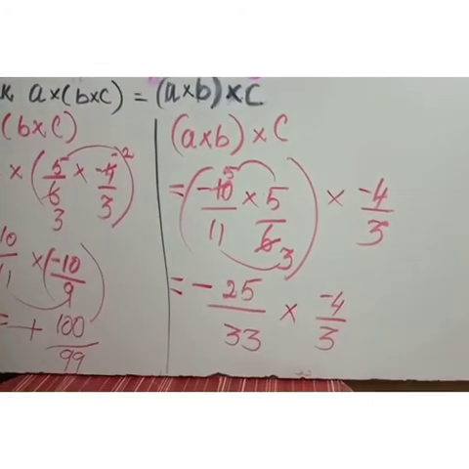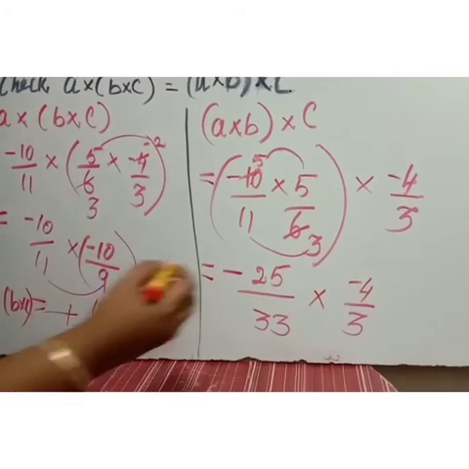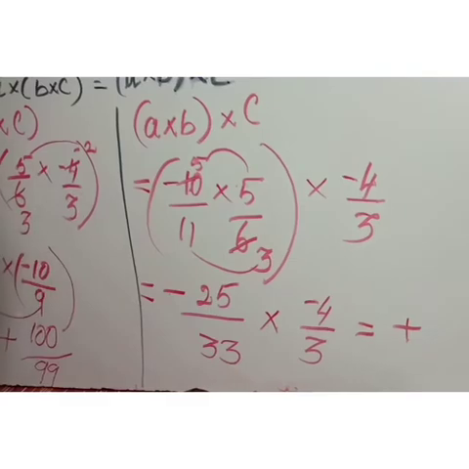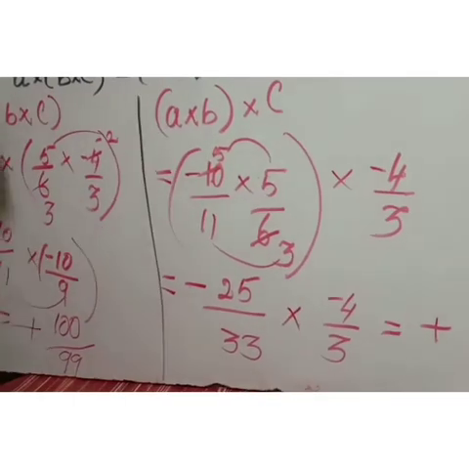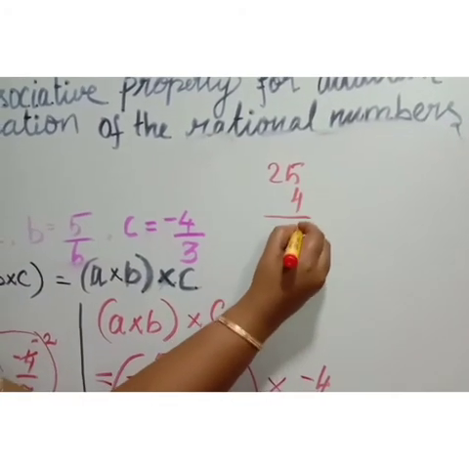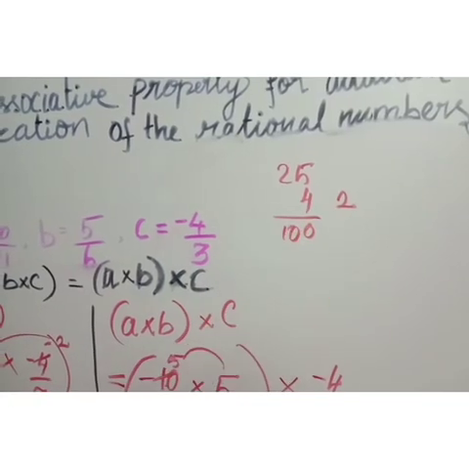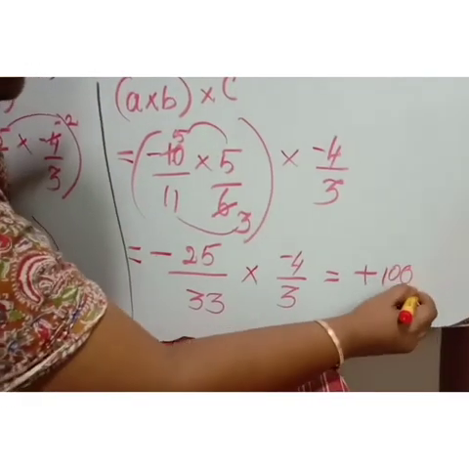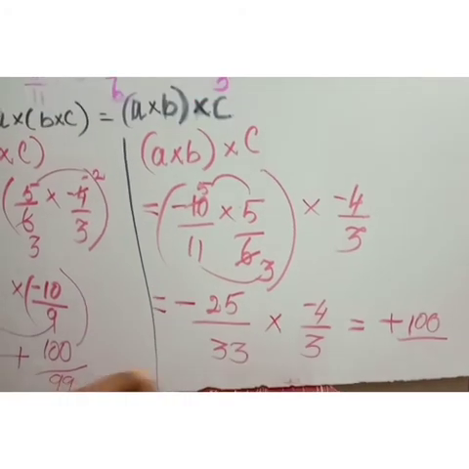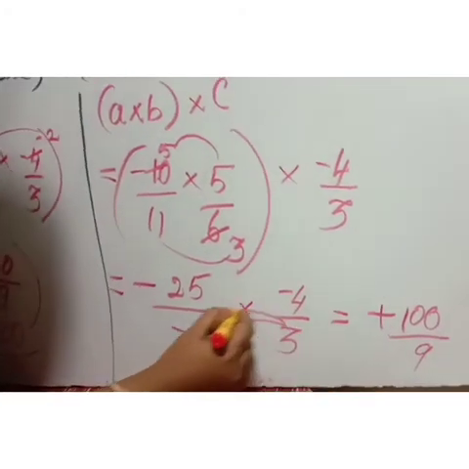Is there any common divisor? No common divisor. So minus into minus is plus. 25 into 4: 4 fives are 20, balance 2; 4 twos are 8, 8 plus 2 is 10, so 100. Then 100 divided by 33 into 3, which is 99.